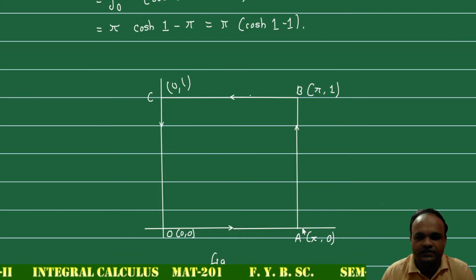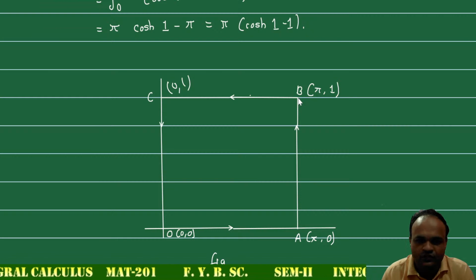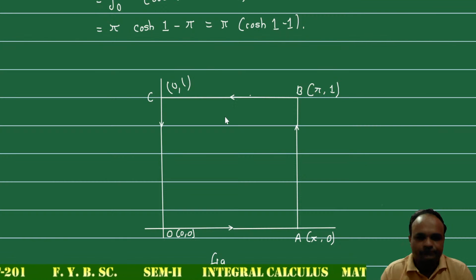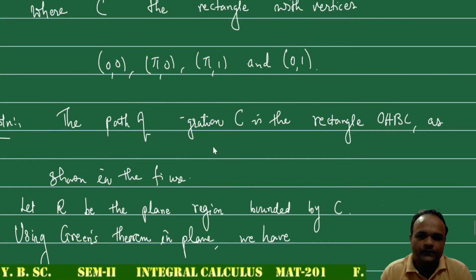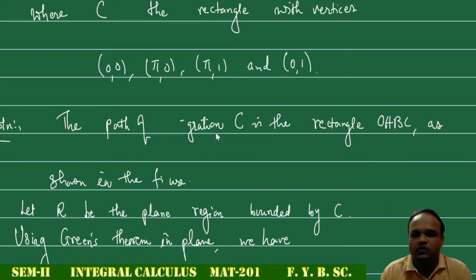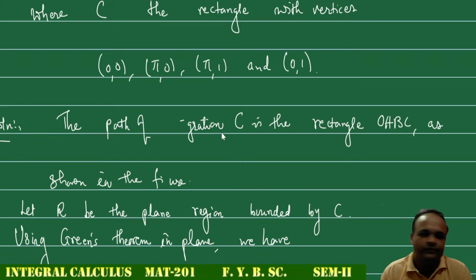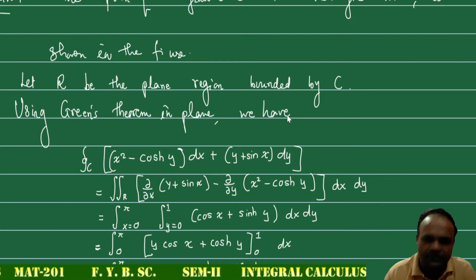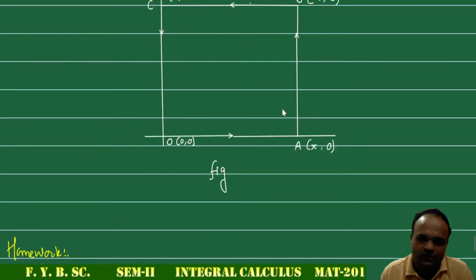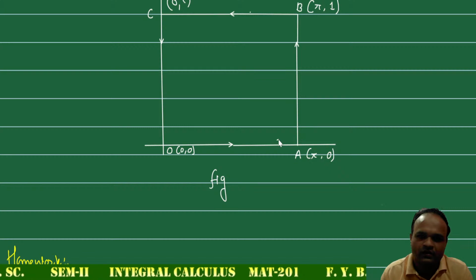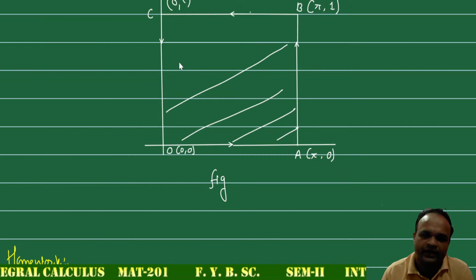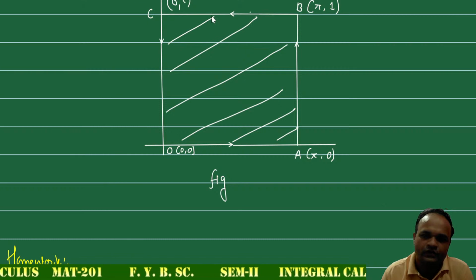So this distance is pi, this distance is 1, and again this distance is pi. You can observe it is a rectangle. So let R be the plane region bounded by C. So this is the plane region bounded by this rectangle curve C.